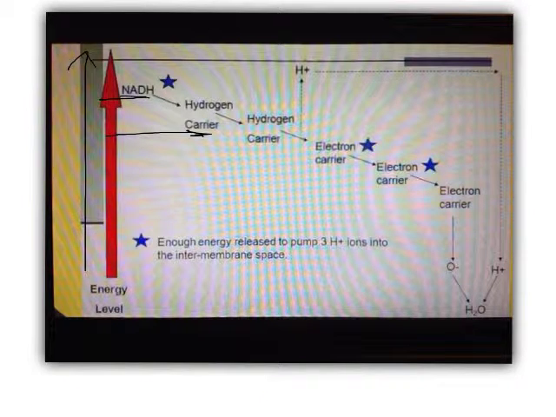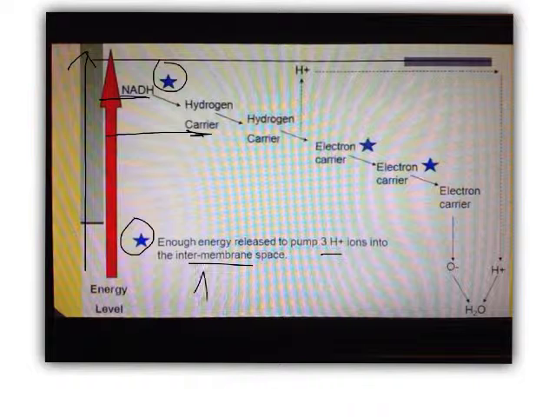So as that's passed down, I put this star here because enough energy effectively is released to pump 3 hydrogen ions into the intermembrane space. Now if we can get 3 hydrogen ions into the space, what can we make? 1 ATP. So I suppose each of those stars really is representative of enough energy to make 1 ATP.